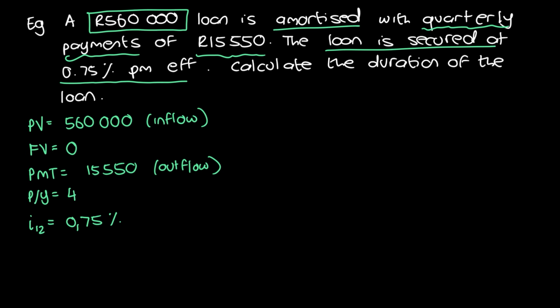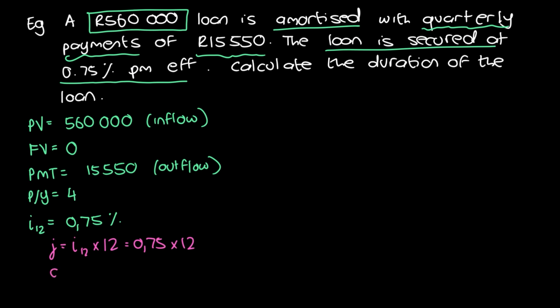Now, our financial calculator also requires it to be listed as a nominal interest rate, which means we need to convert this to the nominal interest rate. So that's I-12 times by 12. So that's 0.75 times by 12. And connected to this nominal interest rate is the compounding period.